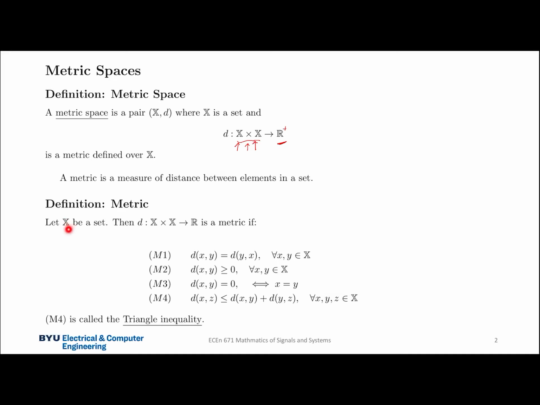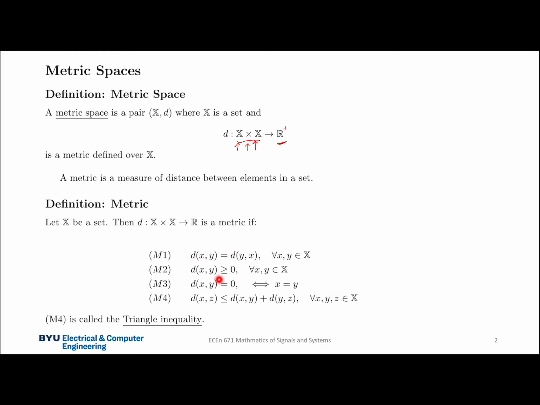And a metric has to satisfy these four different properties. The first property, M1, says that the distance between X and Y has to be the same distance between Y and X. That makes perfect sense for real numbers or whatever, but for it to be a metric space, the metric has to satisfy this symmetric property.